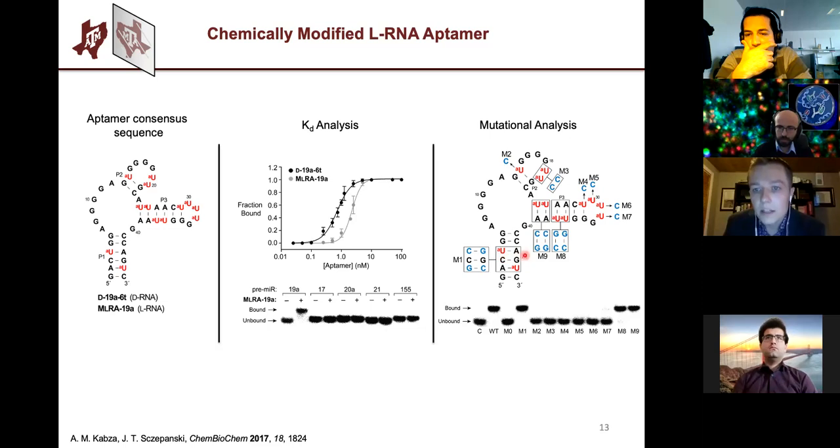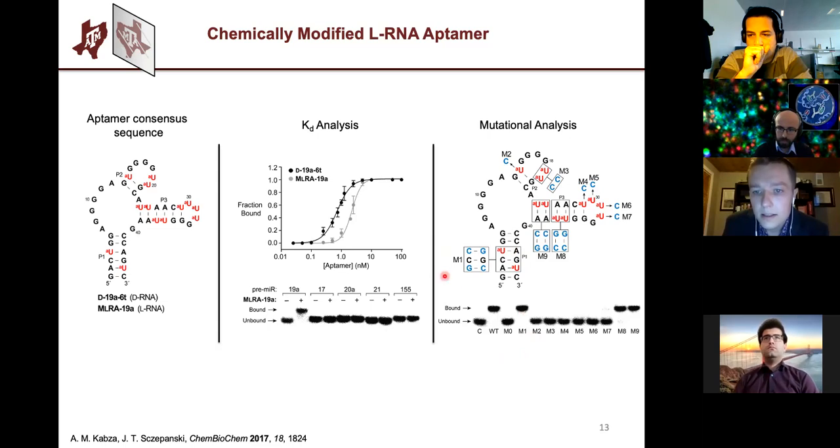And so basically any UA base pair was replaced with a CG base pair systematically. And again, we basically just deduced which aminoallyl uridines are required for binding.